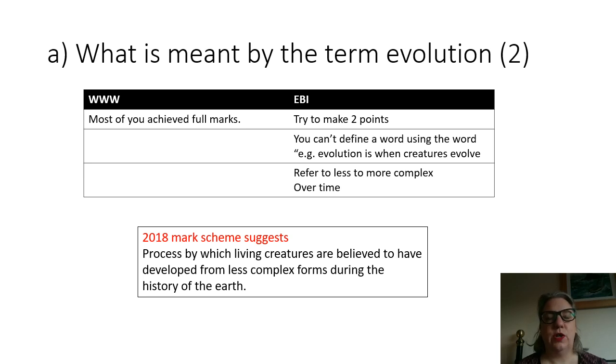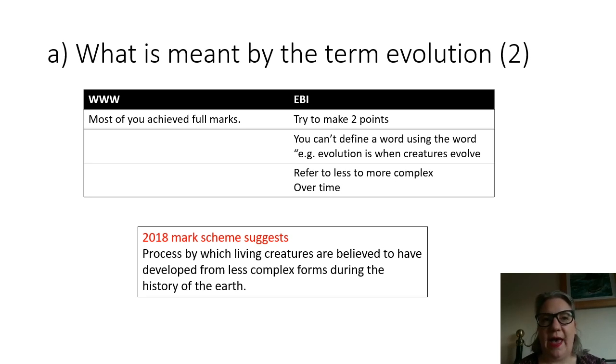Now, there is not just a single way to get marks in RE, so you might have a slightly different definition and still have full marks. The mark scheme is always a suggestion. However, if you haven't got full marks, I would suggest doing the following to get full marks.